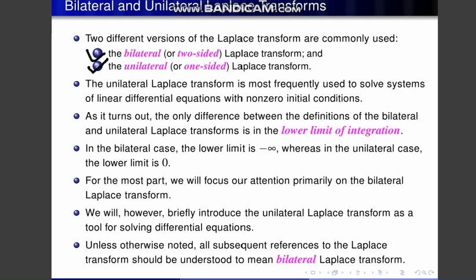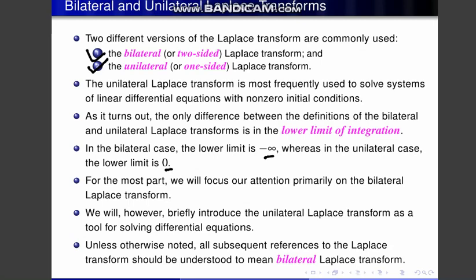The unilateral Laplace transform is most frequently used to solve systems of linear differential equations with non-zero initial conditions. And as it turns out, the only difference between the definitions of bilateral and unilateral Laplace transform is the lower limit of integration. In the bilateral case, the lower limit is minus infinity, whereas in the unilateral case, the lower limit is 0.